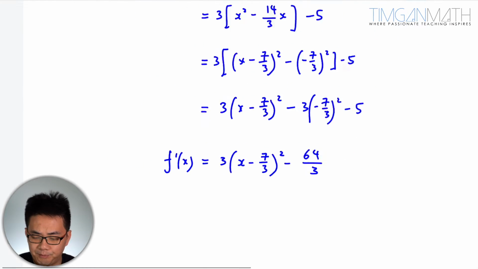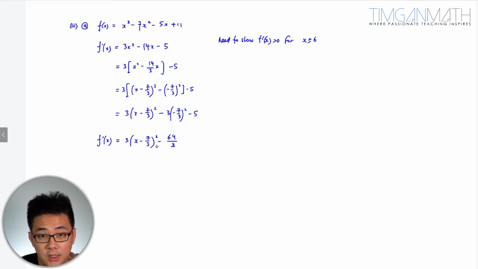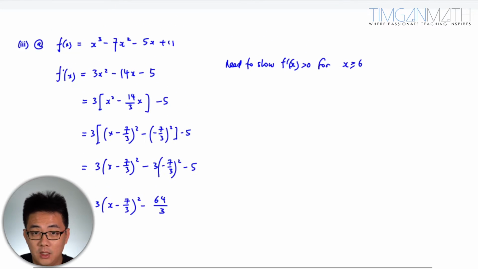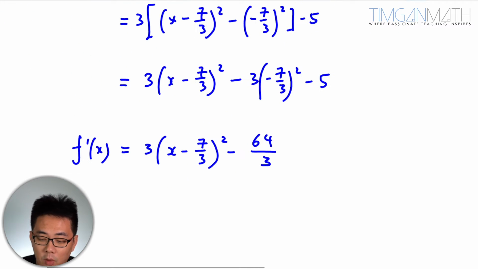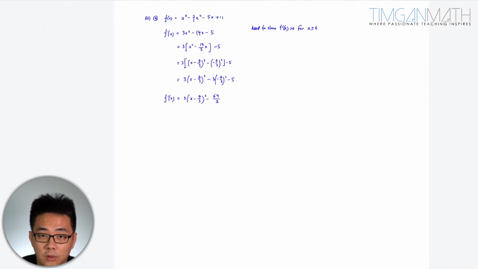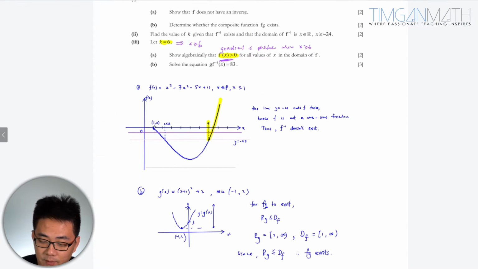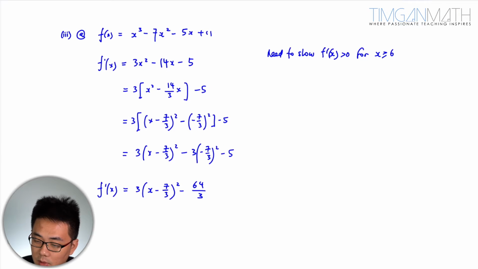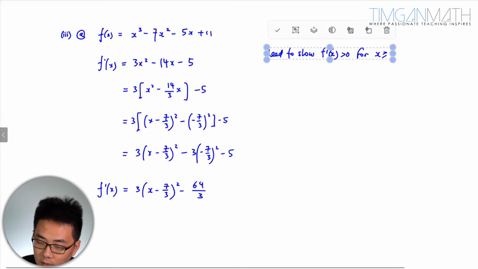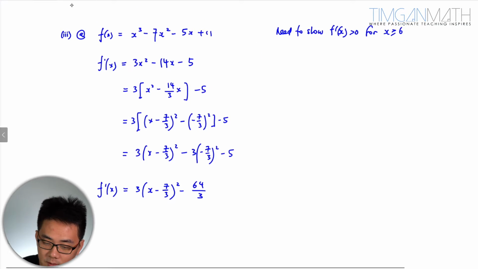Now just take note that the whole goal here is to show that this is positive when x is bigger than 6. Obviously this is not always positive, right? Because you know that this graph will have a negative gradient here. So for 6 onwards, it will have to be positive. So for when k equals 6, this is what we need to show.